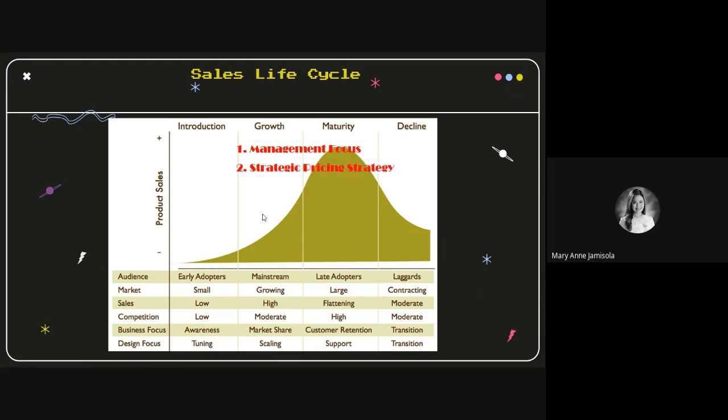So, as to the strategic pricing strategy, the strategic pricing approach changes also over the life cycle of the product or service. In the first phase, which is introduction, pricing is set relatively high to recover development costs and to take advantage of product differentiation and the new demand for the product. In the second phase, pricing is likely to stay relatively high as the firm attempts to build profitability in the growing market.